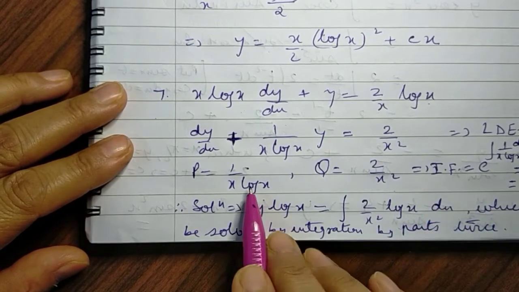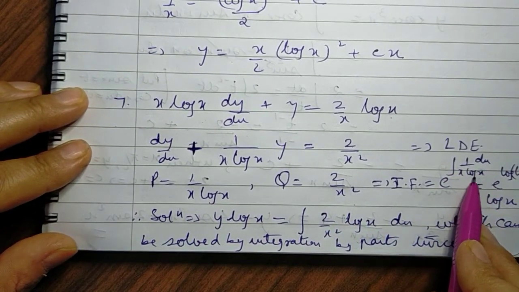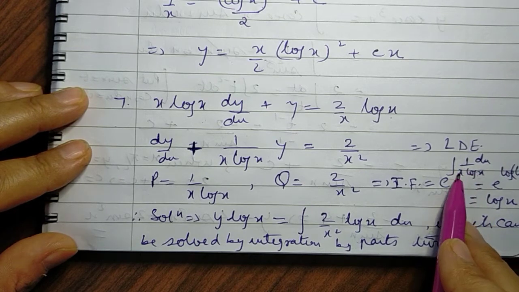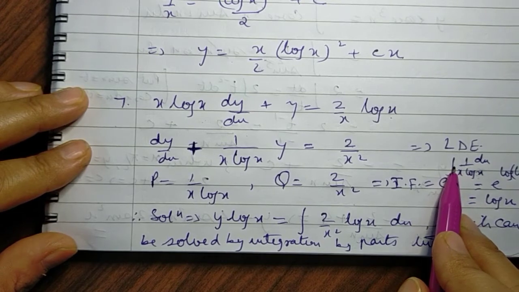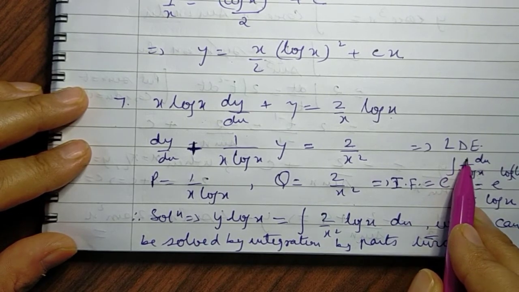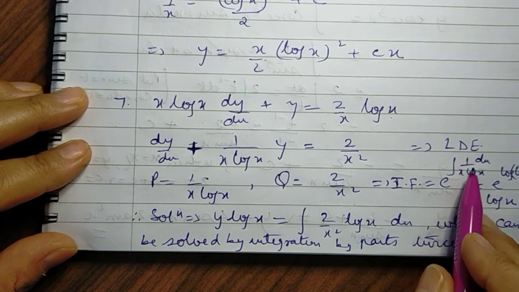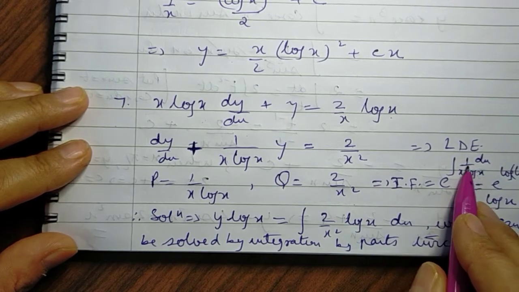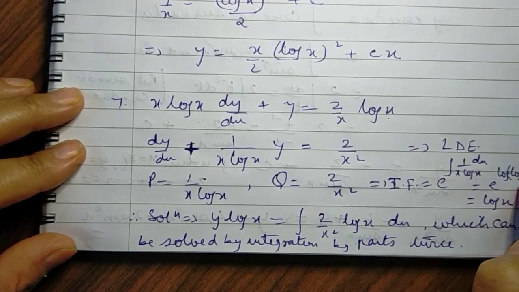So the integrating factor would be e raised power integral of 1 upon x log x. Here again you put log x as t. 1 upon x dx becomes dt. So it becomes integral of t raised power minus 1 dt, which becomes log t, but t is log x.